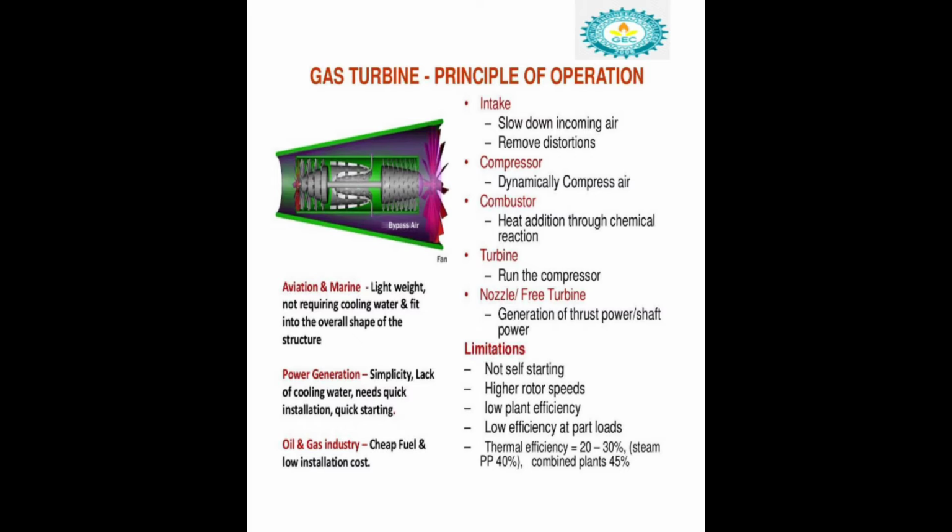In the combustion chamber, fuel is supplied from the fuel tank and it is sprayed into the combustion chamber. The air and fuel is ignited and finally it releases the heat energy. That heat energy hits the turbine. This is the process involved in gas turbines.